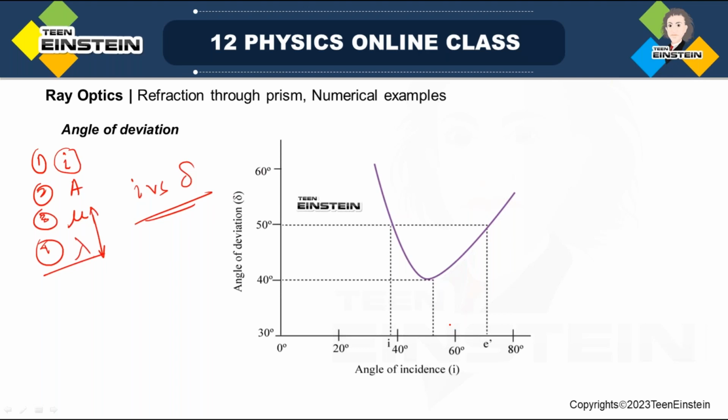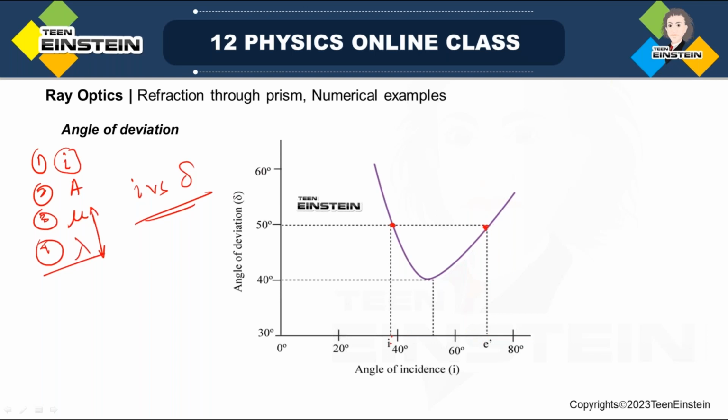So when delta is plotted with respect to I, for a single value of delta, if it is 50 degrees, there are actually two angles of incidence or emergence. See, this angle is called angle of incidence, this angle is called angle of emergence.